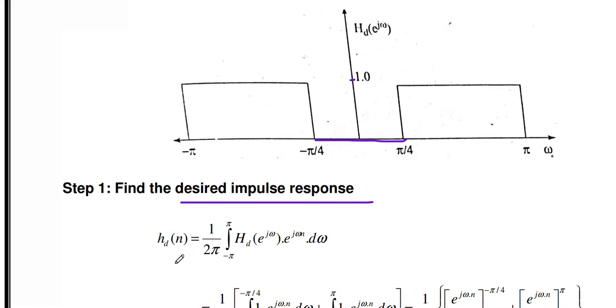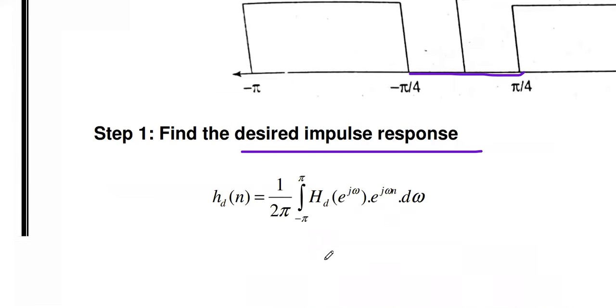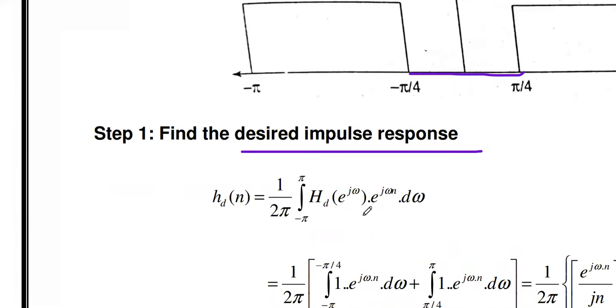So what is the formula? You are familiar with this formula; we already solved four problems in the Fourier series method. HD of n is equal to 1 by 2 pi, integration over the limit minus pi to pi, HD of e power j omega into e power j omega n d omega.